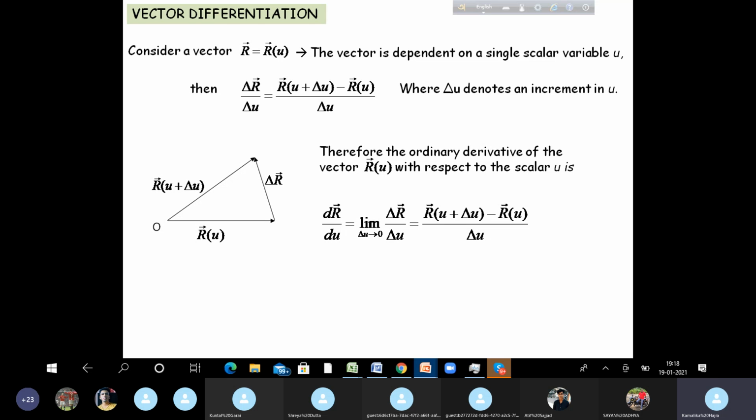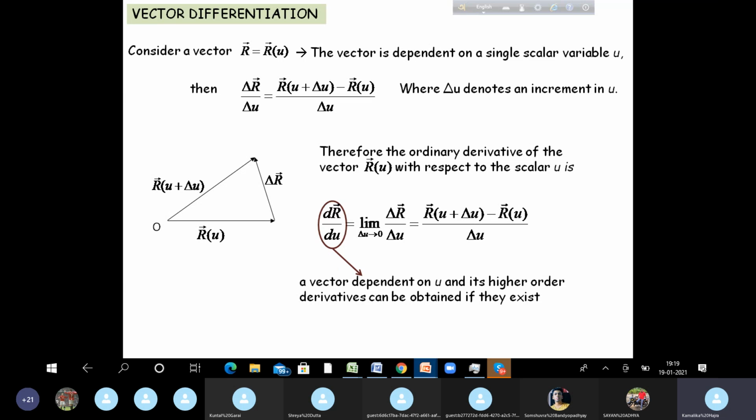This was the first principle definition of differentiation. You increase the variable by an infinitesimal amount. Infinitesimal means very, very tiny. Then you take the limit of that change to 0. If that limit exists, then the first ordinary derivative of the function with respect to that variable is defined in this manner. And it is the same in the case of vectors, just as it is defined in the case of scalars.